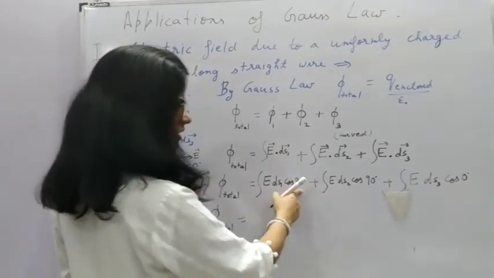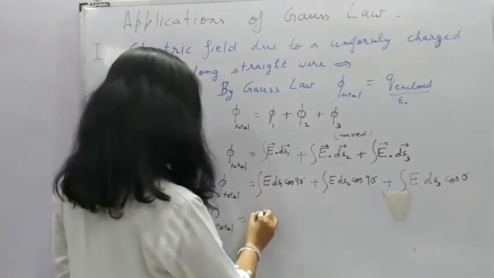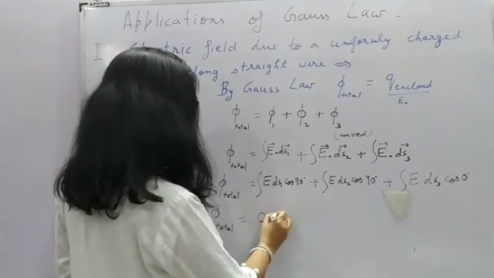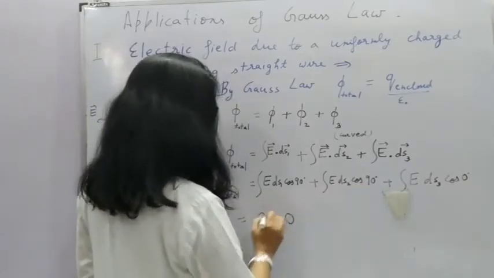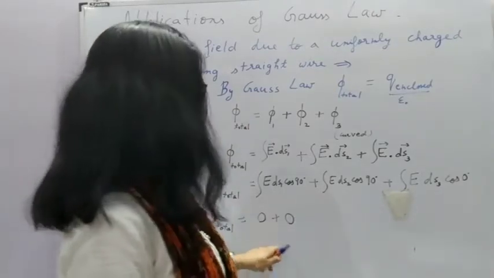Cos 90 is 0, so there is no contribution to flux from the lid. Cos 90 is also 0, so the lower part of the cylinder also does not contribute to any flux.